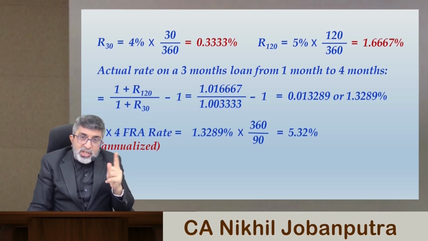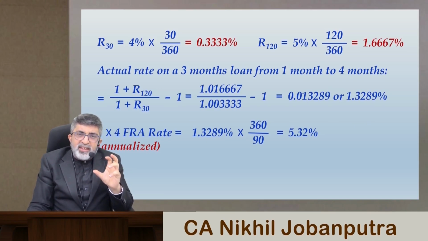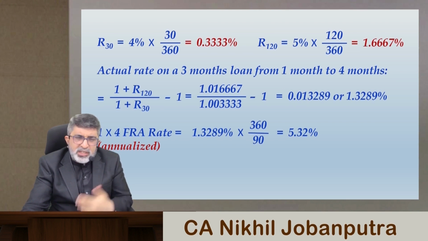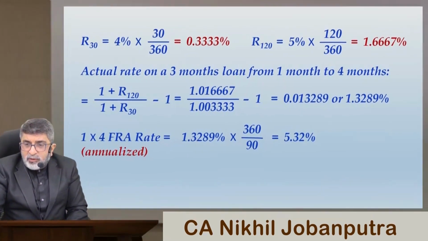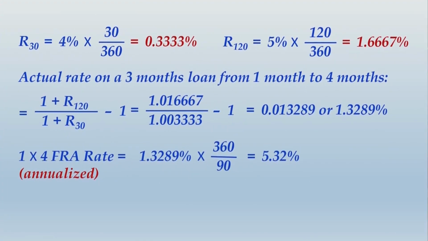The other convention, actual by actual, is mainly used in bond market and derivative market, but in money market we always try to follow the 30 by 360 convention unless the question informs you otherwise. So in case you have yet to write it down, quickly note it down and then I take you ahead.